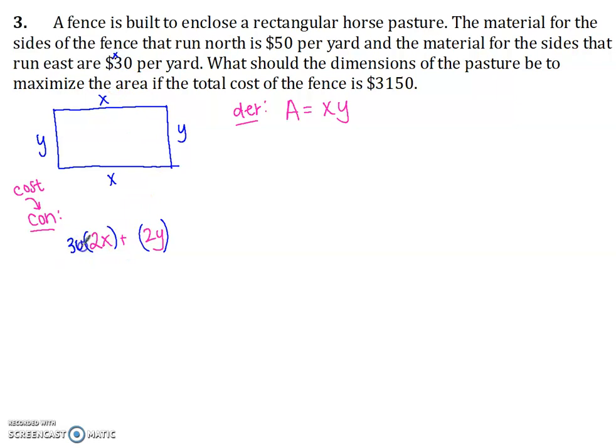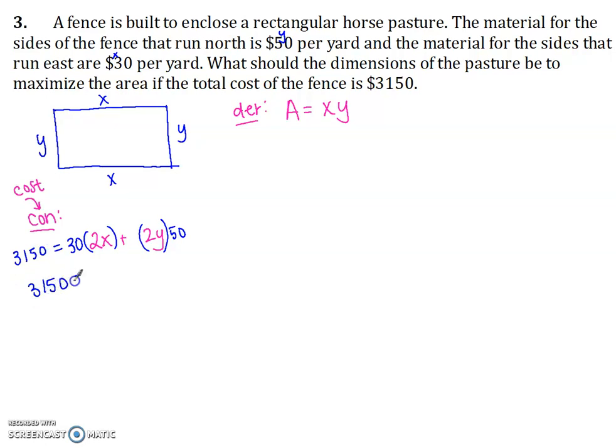So I'm going to multiply the 2x by 30. The ones that run north are 50, so I'm going to multiply the 2y part by 50. This part right here represents the total cost, so I'm going to set it equal to what it actually costs, which is $31.50.